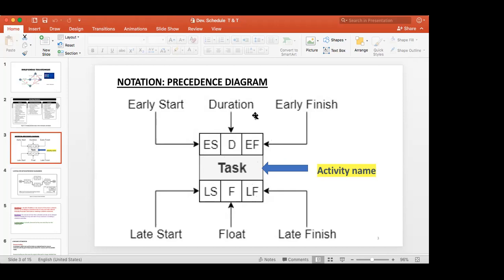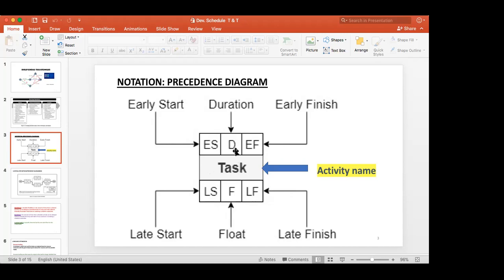So this is a method where, when you see this box, you get all the information: the early start, the early finish, the late start, and the late finish. And the task, the activity name, concreting, excavation, manufacturing, welding, whatever it is, is here.